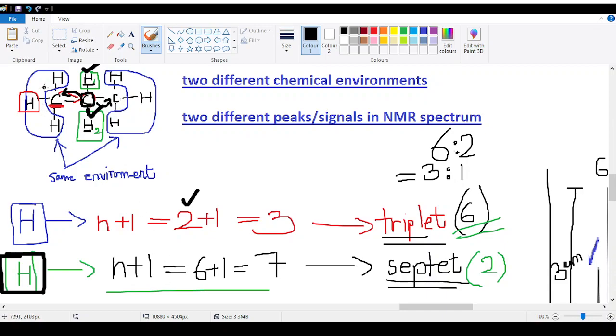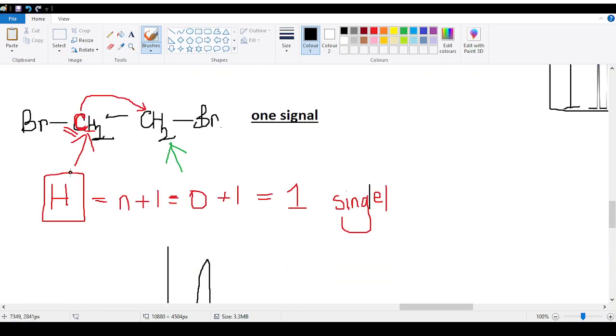In the neighbors, there are 6 hydrogens total actually. So we can take 6. Why? Because those 6 hydrogen atoms don't have the same environment as them. They have a different environment, so you can take them. That's not a problem. You can consider 6 here. But if you look at the structure here, when I'm considering this hydrogen here, one of these hydrogens, the neighbor is these hydrogens, but unfortunately they have the same environment.